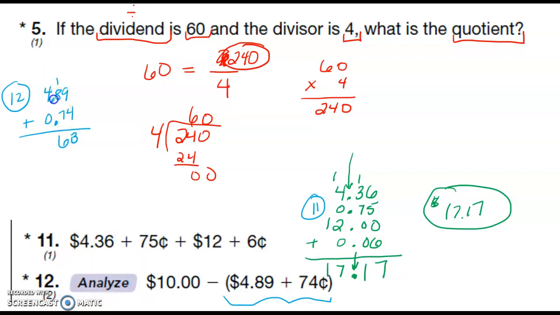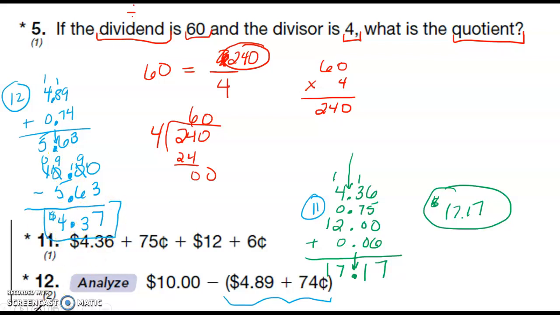See, my decimals are lined up, so I'm going to put my decimal here. 16, and then I have 5. So this is 5.63, and I'm going to need to subtract that from 10. So I'm going to borrow, borrow, borrow. That's 0, that's 9, that's 9, that's 10. So I have 7, 9 minus 6 is 3. My decimal points are lined up, so I'll drop that down here, and I get 4.37 as my answer.